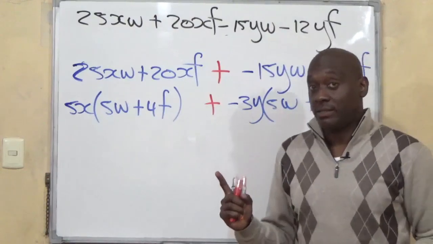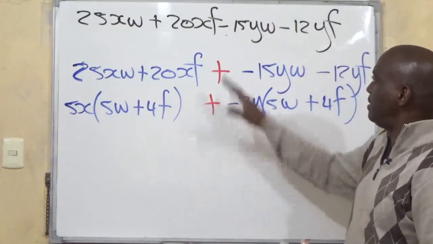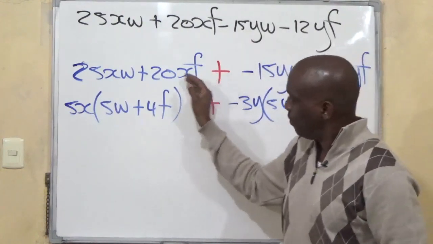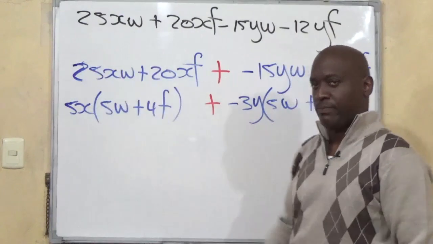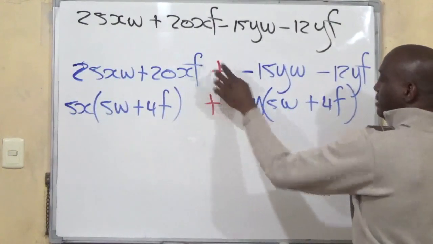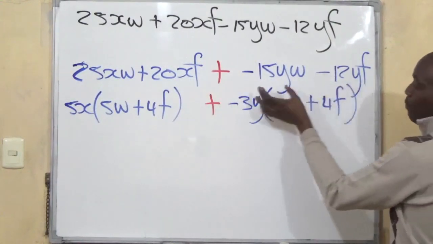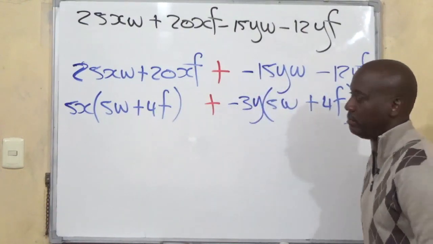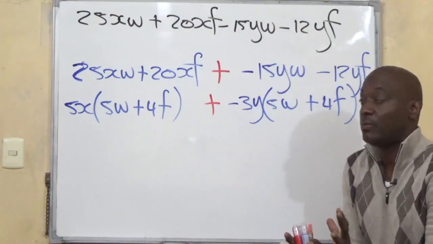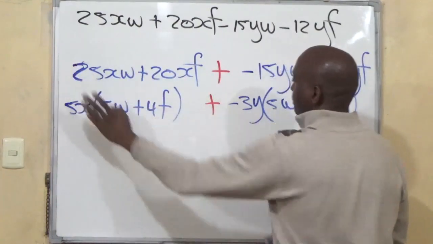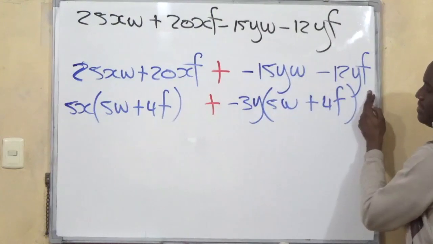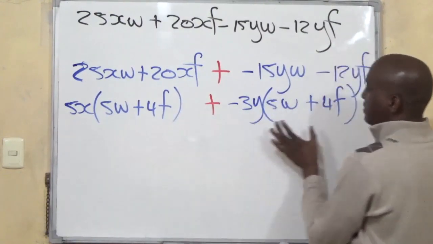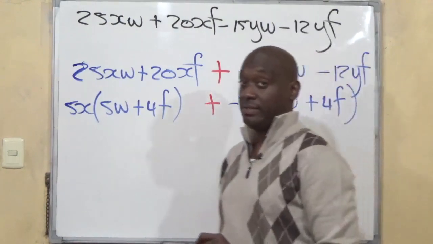So if you treat this case, where you have the negative sign in front of the third term, as one group added to another group where the second group carries a negative sign in front of the third term, then you can factorize this by itself, and you factorize this by itself, and look, you have the same situation where you have 2 common factors.